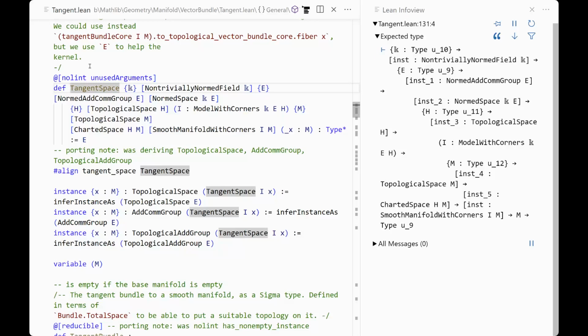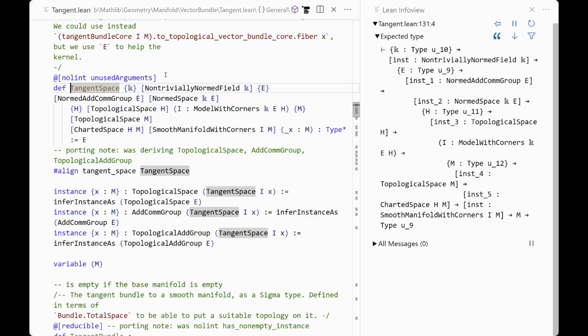Yeah, so the tangent bundle is indeed the disjoint union of a whole bunch of copies of E, and then we're gluing them together, or putting the right topological structure on it. So one thing that is funny is, we have this unused arguments linter as a style checker for Lean, so we have to say here, oh yeah, this definition is allowed to contain unused arguments because it depends on all this data that is unused, and the definition is just E. But of course, all the structure on the tangent space uses a lot more data.